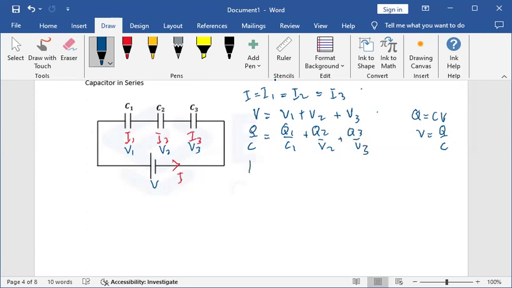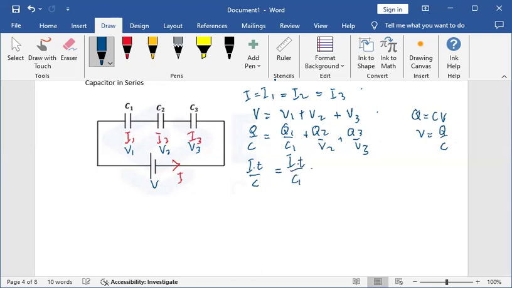The key is I times T, because at the same time, all the time is the same. Remember I1 equals I2 equals I, and I3 equals I. The current is the same.